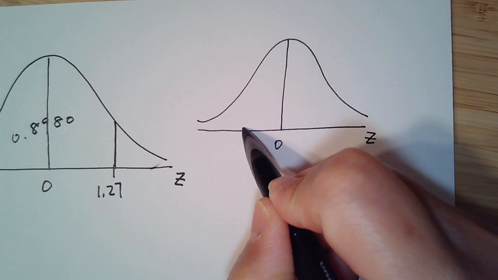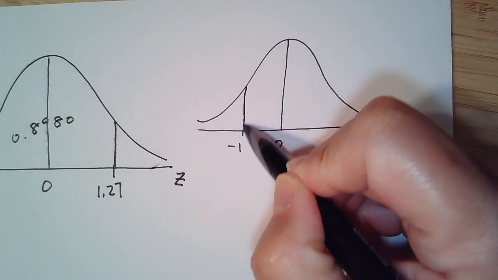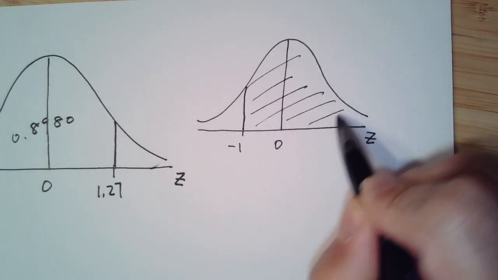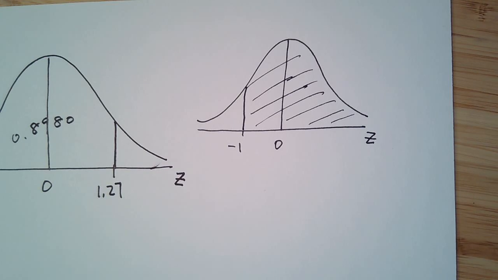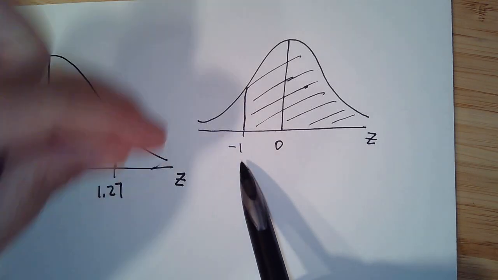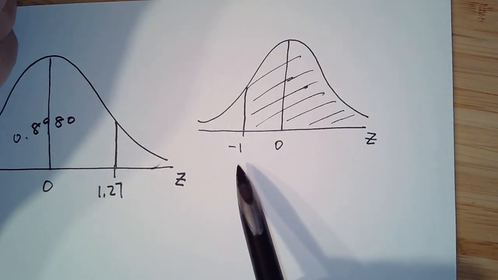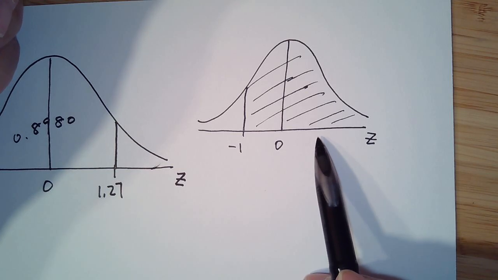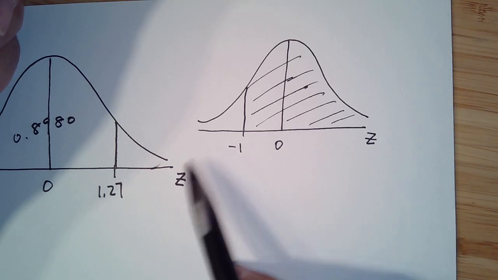So above -1. Here's a -1, and we're looking for this. I think now you're the expert. Now you can either look at the negative z-score to find this little white area and subtract that from 1, or you find the area to the left of 1.